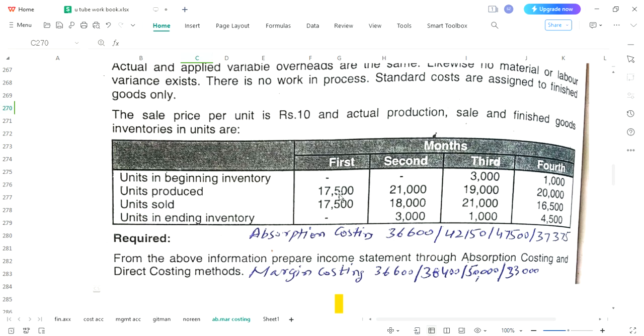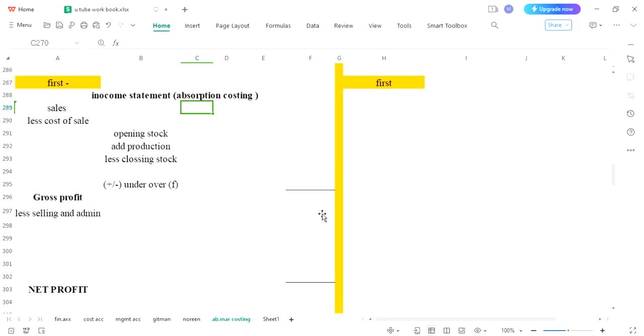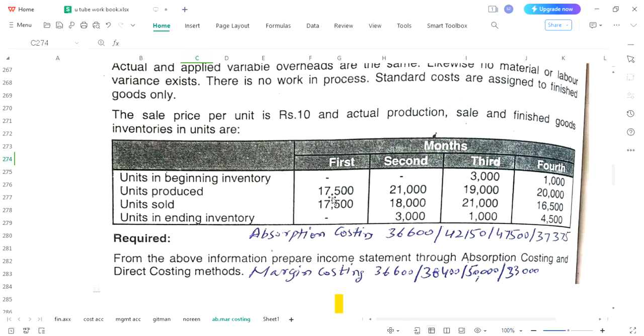First month, we are getting our starting month, units produced 17,500, units sold 17,500, both 17,500. And there is one more thing which is easy in this question.